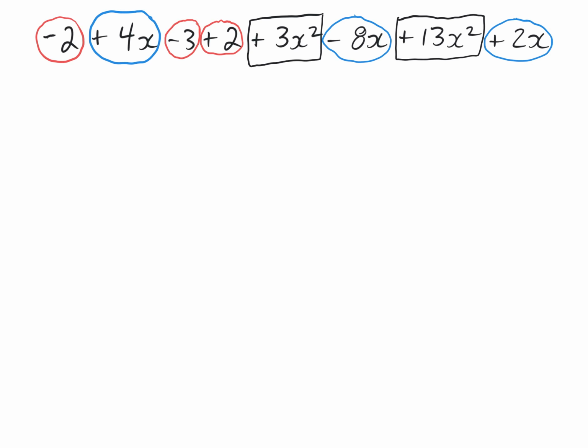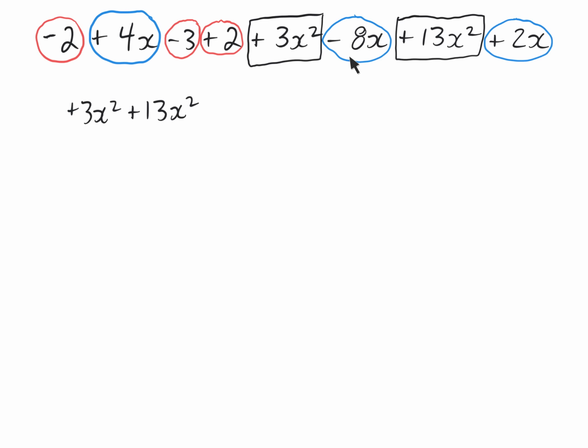Okay, and then starting with the highest exponent, so that's going to be these guys because they have a 2, I'm just going to write them out exactly as they are here from left to right. So I'm going to have positive 3x squared plus 13x squared. Then I'm going to do the blue ones.